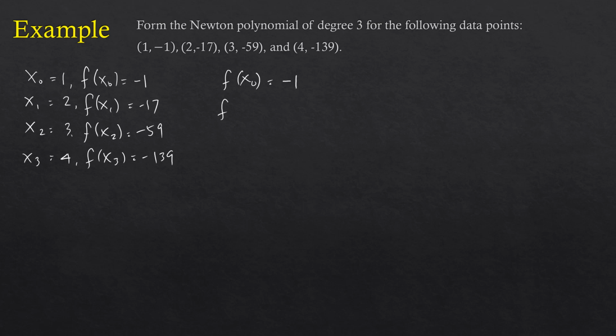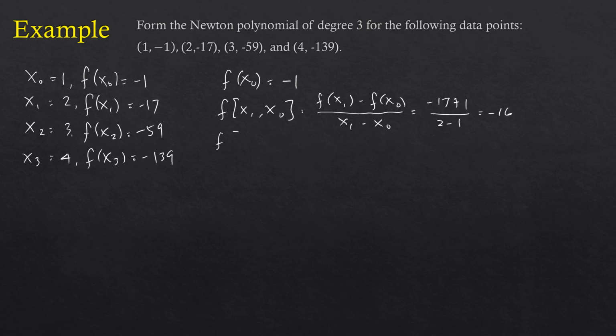Then f of x sub 1, x sub 0, that is f of x sub 1 minus f of x sub 0 divided by x sub 1 minus x sub 0. That gives us negative 17 minus negative 1 all over 2 minus 1. That will be negative 16.